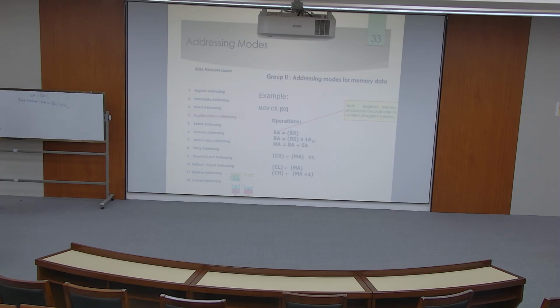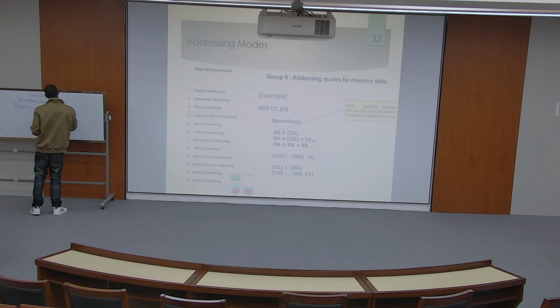The physical memory address is given by the base address, BA, plus the effective address.